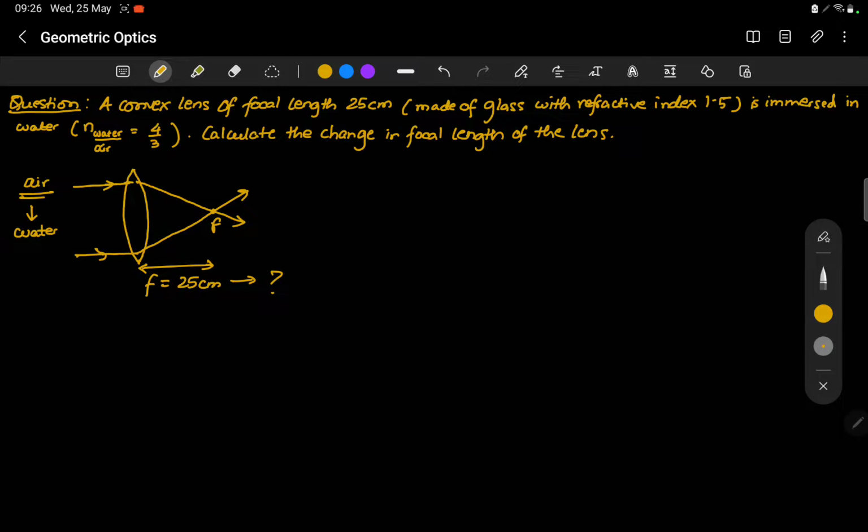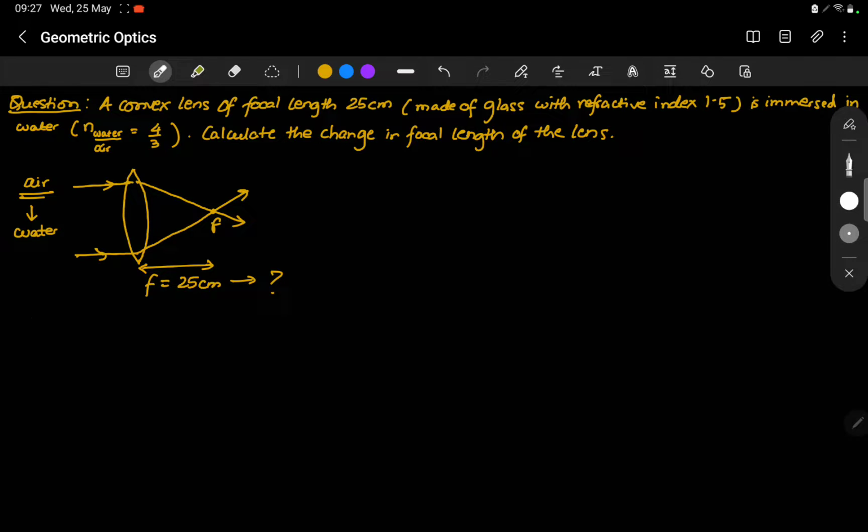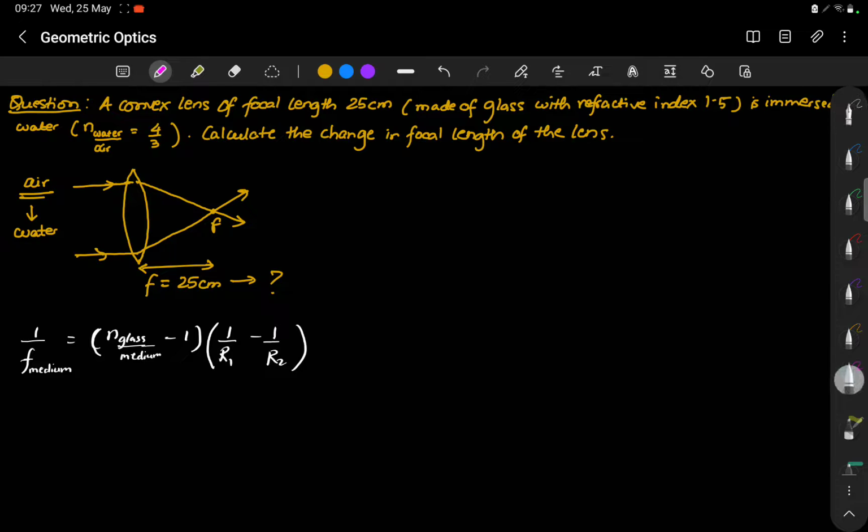Now in this question, we will make use of the refraction formula from lens. So we have the formula given as follows for refraction from lens. So this is the formula for refraction from lens.